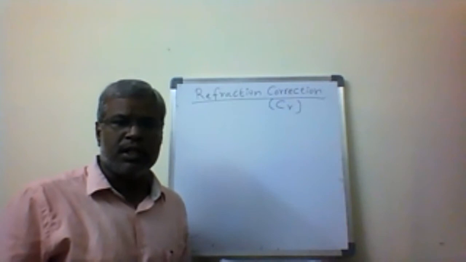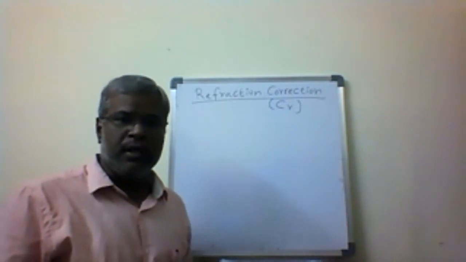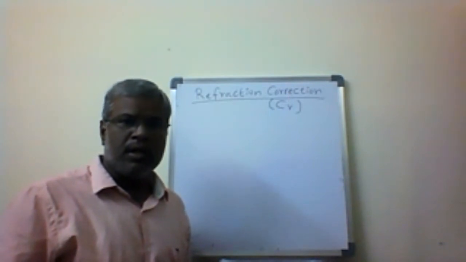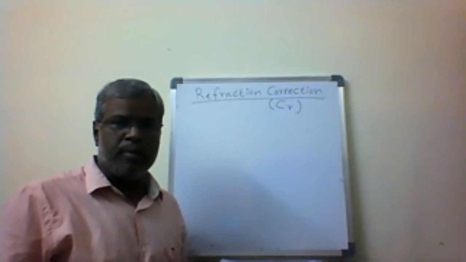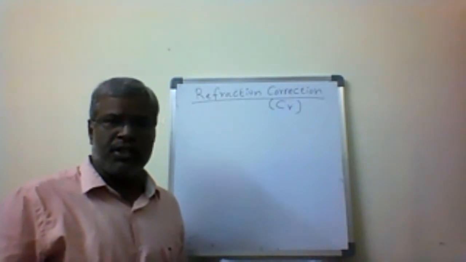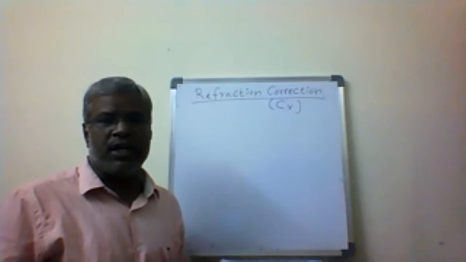In the previous case, curvature correction, due to the effect of the curvature, the staff reading is lower than it actually is. Here, because of refraction, the light rays are refracted by the varying air densities while traveling long distances, so the staff reading will be more than it actually is. That is what we call refraction correction.